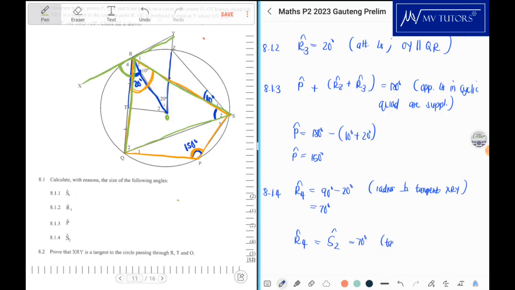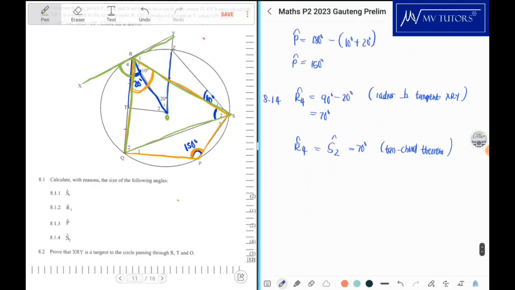And why is that? Well, you could just say the tan chord theorem. Okay, and wow, 4 marks. Very generous. But anyway, now let's move on to 8.2.